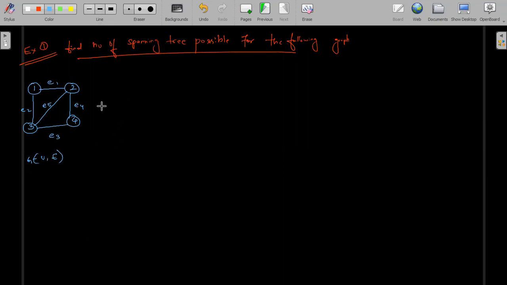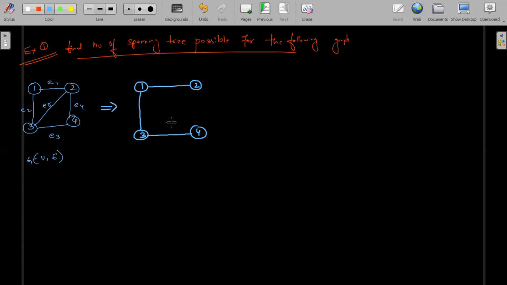Take the first one: 1, 2, 3, again 4. I will connect like this, like this, and like this. Now tell me, is it a spanning tree or not?